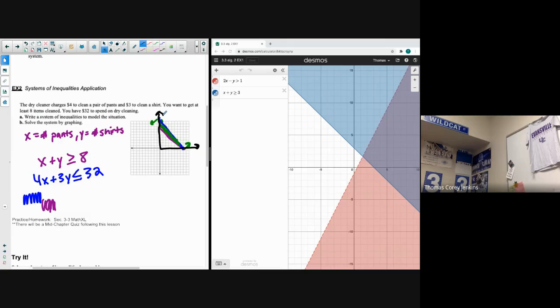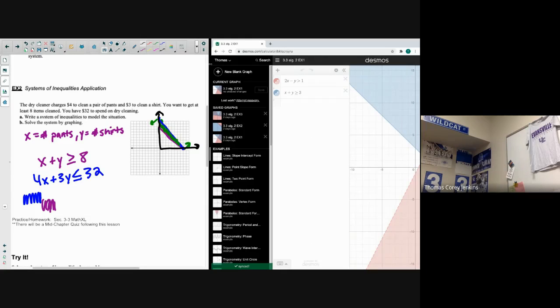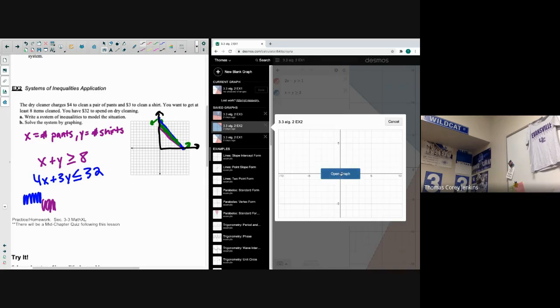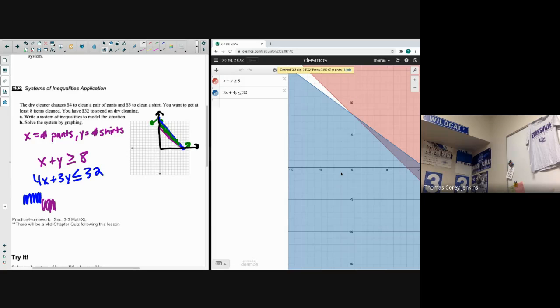All right, so again, could you use Desmos? You can use Desmos after you do this part. You have to be able to produce the inequalities. And then from there, if you want to verify your graph, or even use it to produce your graph, see how it looks on Desmos. So, okay, why does it look a little bit opposite?